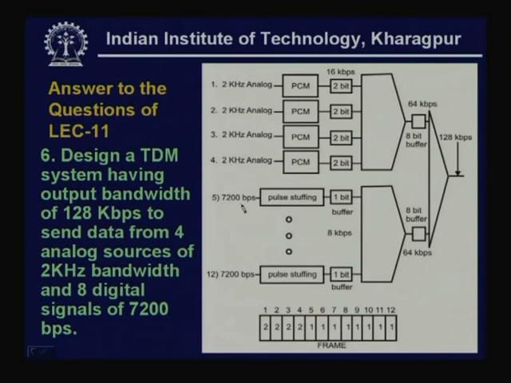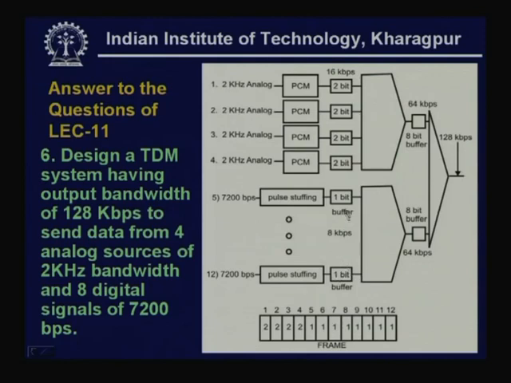Similarly, for the 7200 bits per second signals, here we shall be sampling at the rate of 8 kilobits per second. So, you have to do pulse stuffing, as I explained in the last lecture. You have to add additional bits by pulse stuffing, and that is how you will convert these 7200 bits per second signals to 8 kilobits per second signals.